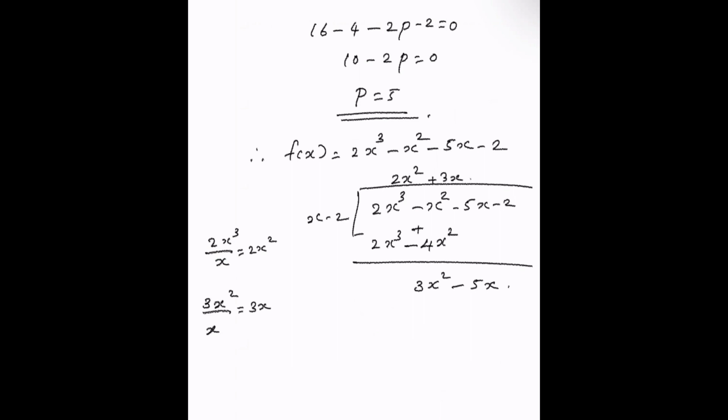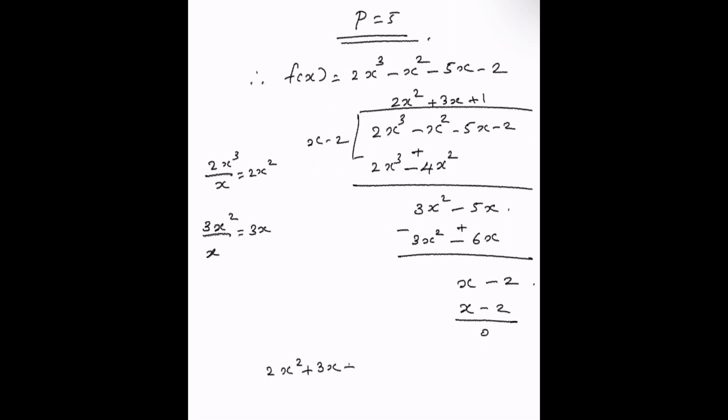So I'm getting 3x square minus 6x. Subtract, I get x minus 2. Yeah, so it is again plus 1, getting x minus 2, and the remainder is 0. So I'm getting 2x square plus 3x plus 1.